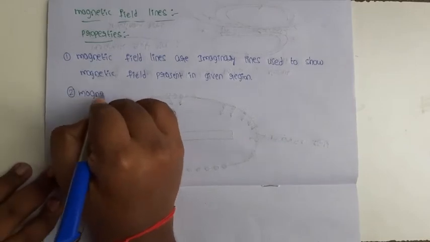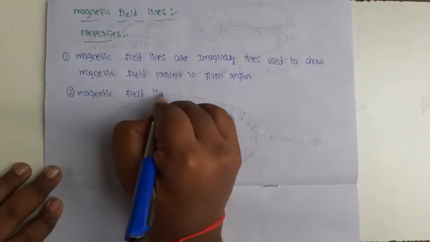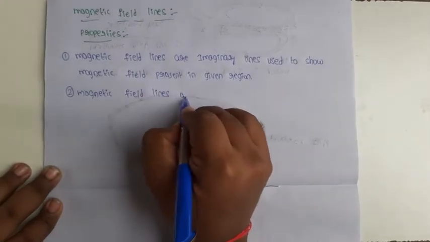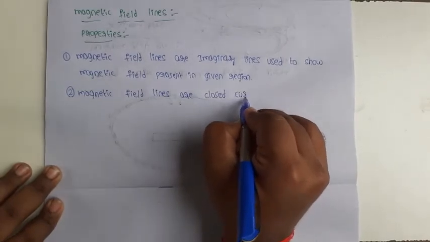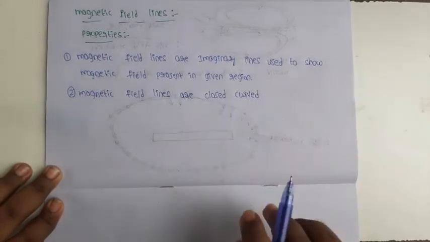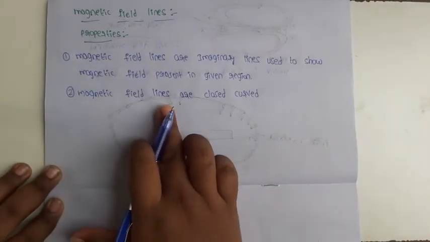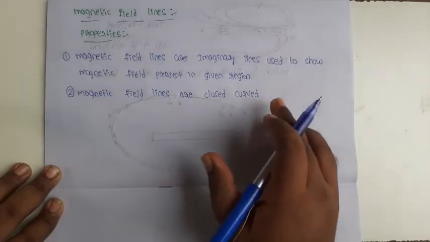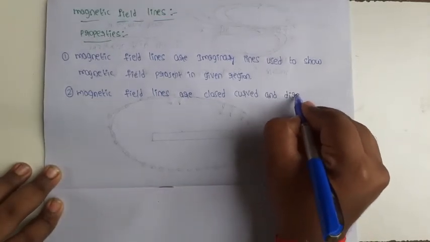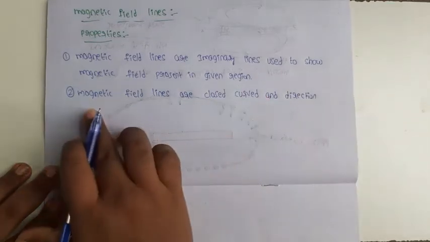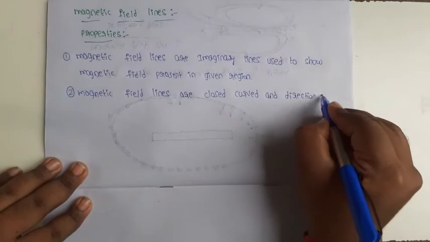Second point, magnetic field lines are closed curves. We already observed in the previous video that magnetic field lines are closed curves. What is the direction of the magnetic field in a magnet?